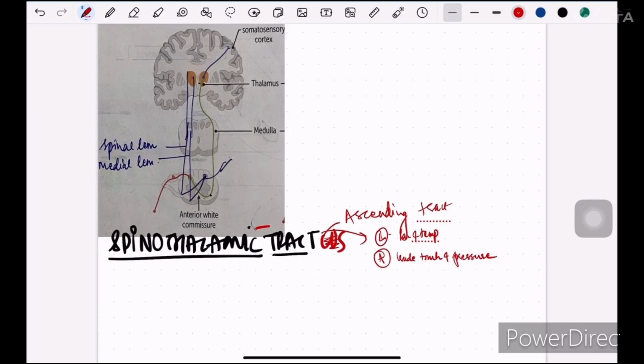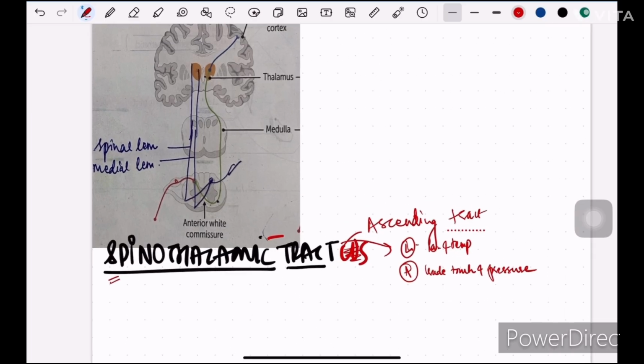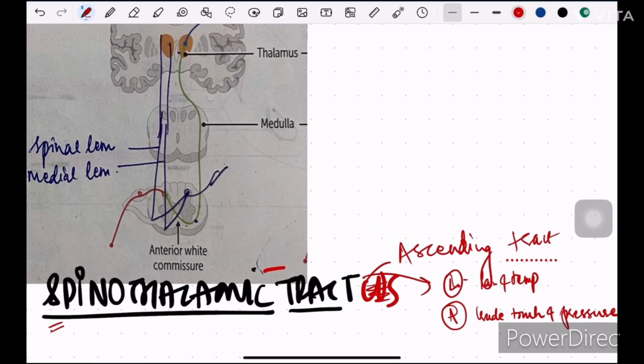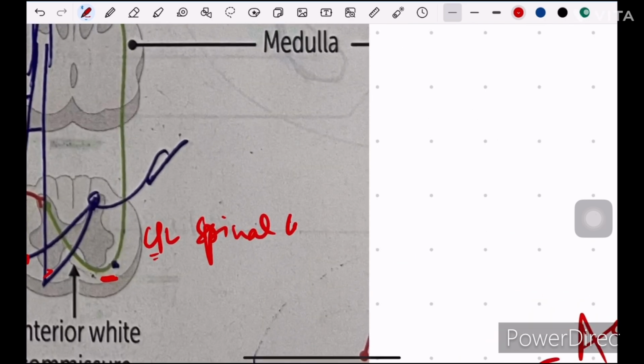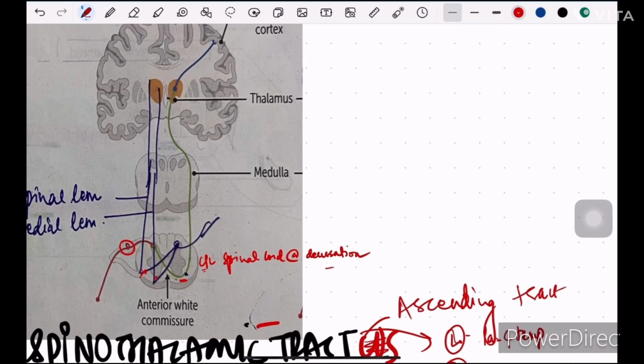Now the spinothalamic tract, unlike the dorsal column tract, which goes straight up and decussates in the medulla, decussates as soon as it enters the spinal cord. ठीक है, तो ये dorsal root ganglion में आता है, spinal cord में just follow the green one, and these are my own notes. So dorsal root ganglion, then it decussates to the contralateral side in the spinal cord itself. तो spinal cord के level पे decussation हो रहा है, ठीक है, right. And then it goes straight up till the thalamus.